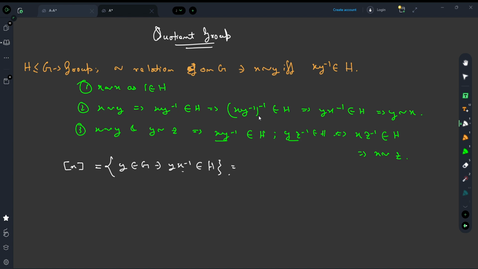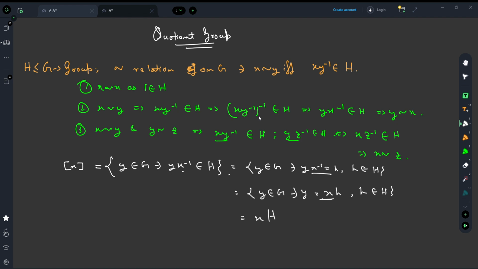But we can write it as the elements Y in G such that YX inverse is equal to h for some h in capital H. So this can be written as Y equals hX, h in capital H. Observe that this can be defined as the set capital H X, because every Y is of this form. So this is typically defined as the set of elements of this form.